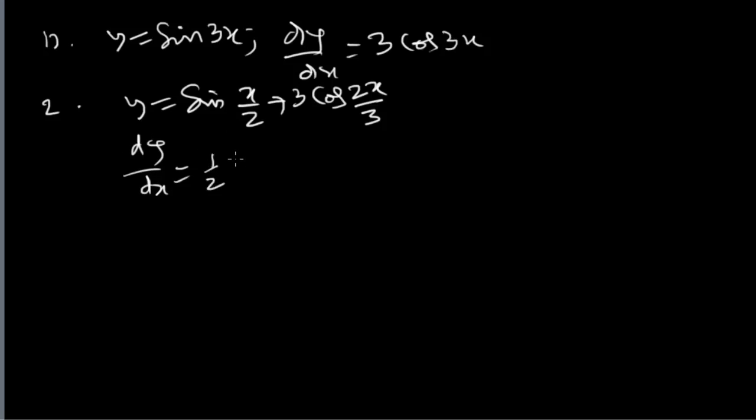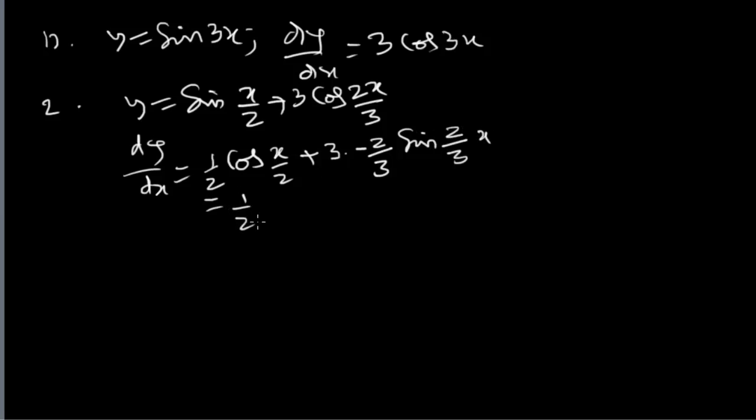Half, cos x by 2, 3 is already there. Cos 2x by 3, cos ax means minus a sin ax, so minus 2 by 3 sin 2 by 3 x. This can be written as half cos x by 2, and this 3 goes, minus 2 sin 2 by 3 into x.